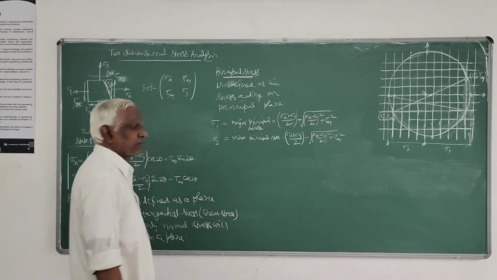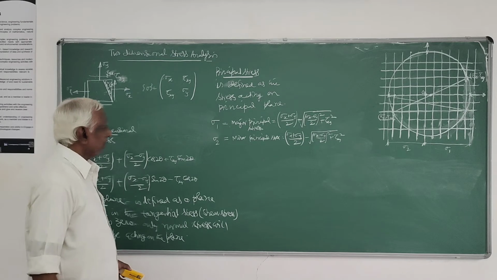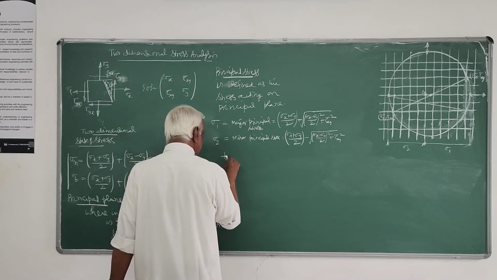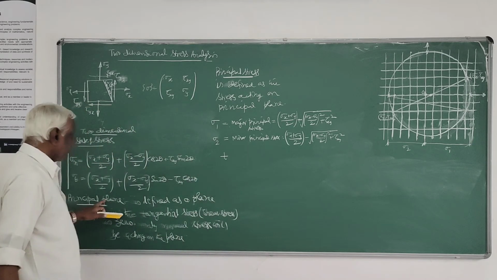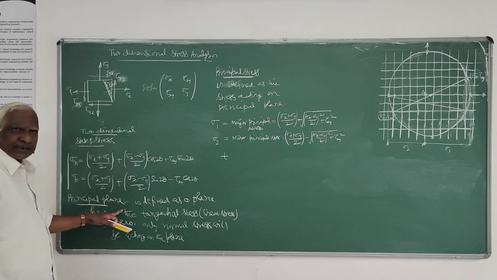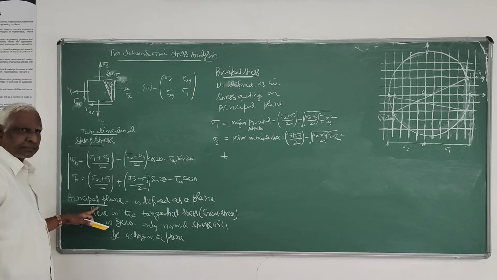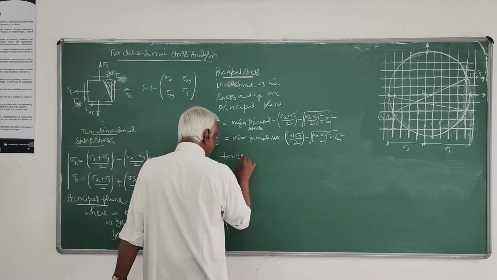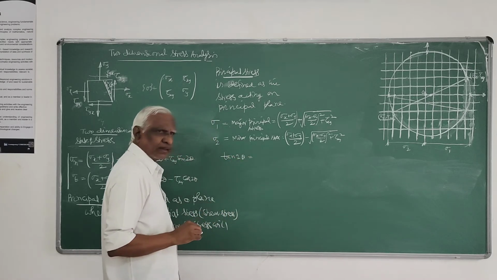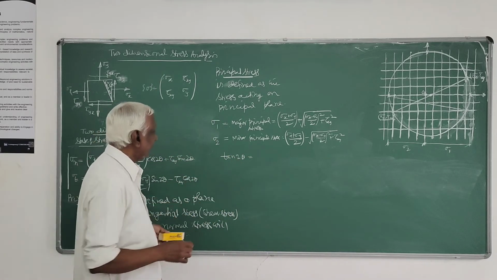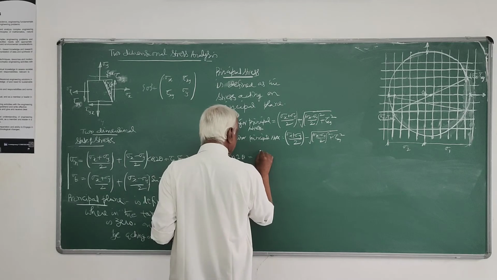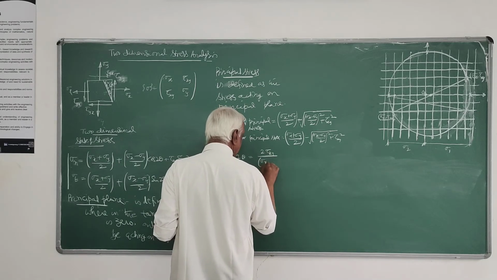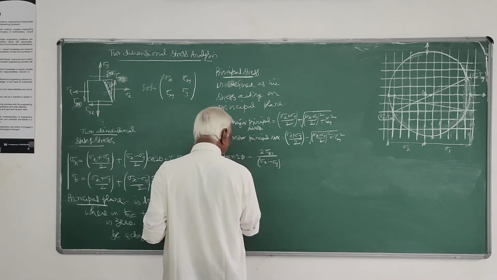This is major principal stress, this is minor principal stress, and these stresses and the plane on which these stresses are acting is defined as principal plane, and that principal plane will be inclined at an angle theta with vertical, given by tan 2 theta equals 2 tau xy divided by sigma x minus sigma y.